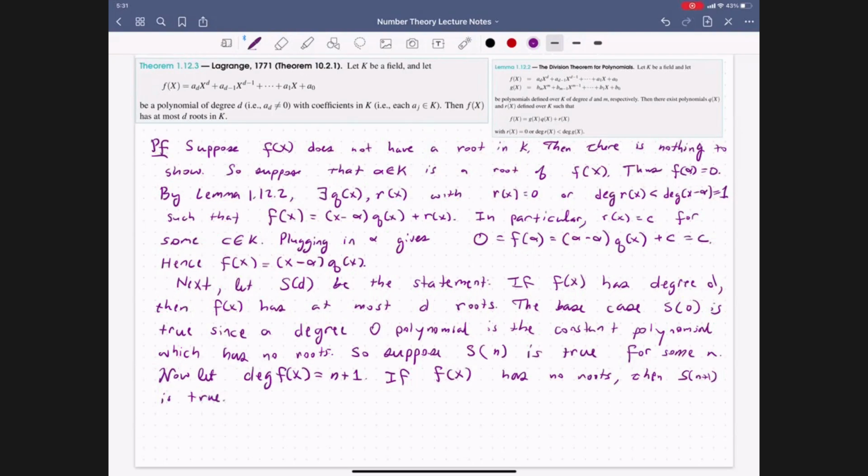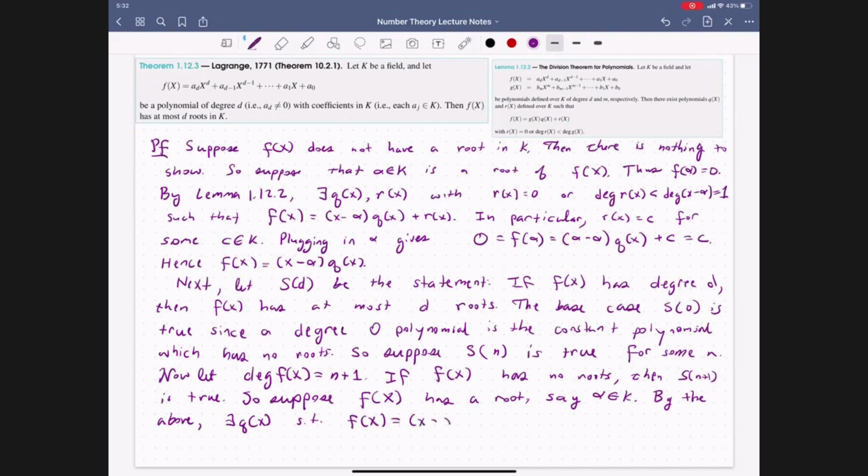So instead, suppose f of x has a root, and let's go ahead and call that root alpha again. By the start of the proof, there exists a polynomial q of x such that f of x is equal to x minus alpha times q of x.